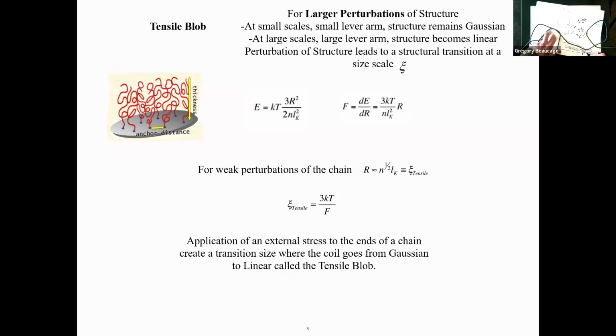You call that distance a tension blob, or a tensile blob, depending on whether you want to use an adjective or a noun to modify it. I think tensile is the right one, but in this paper for tomorrow, he's using tension, but it's the same thing. Right, so that's the idea.